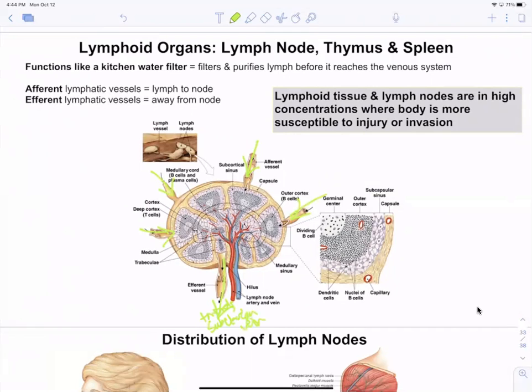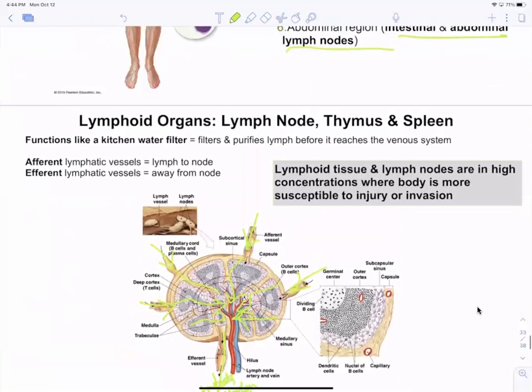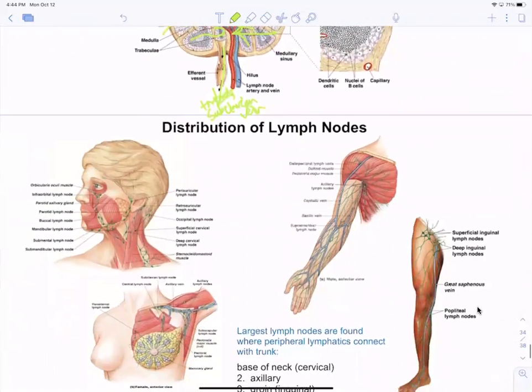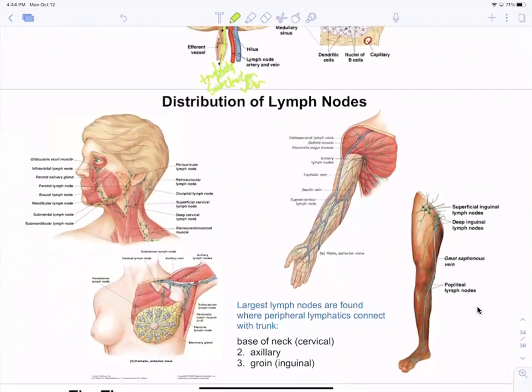You have lymph fluid filtering through, and it catches debris, pathogens, and kind of cleanses the lymph fluid before it gets back into your venous blood. So it's trying to clean out pathogens, debris, and so forth before it gets back into the venous blood. That's why you can check the lymph nodes to see what's been traveling in your lymph fluid or circulatory system.